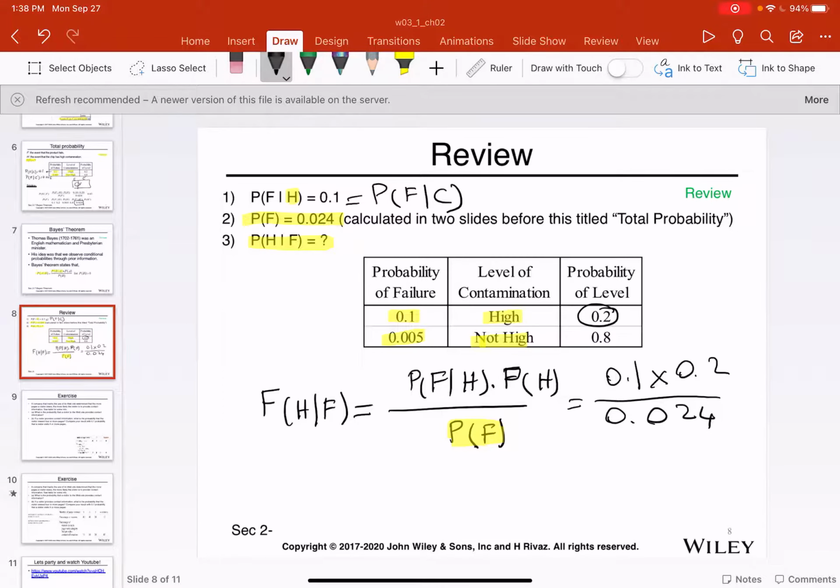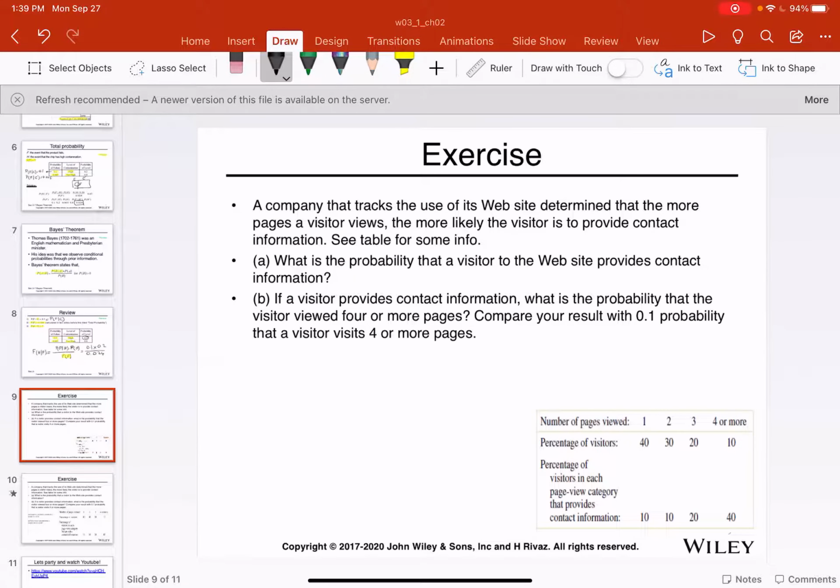Right? So let's do another example that's quite similar to this one, right? So here the problem setup is a bit different. So we have a company that tracks the use of its website, and it has found that the more pages a visitor views, the more likely the visitor is to provide contact information, right?